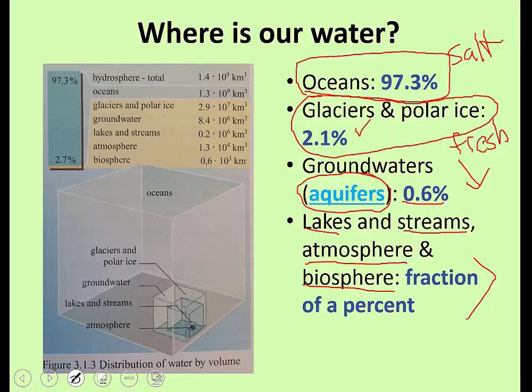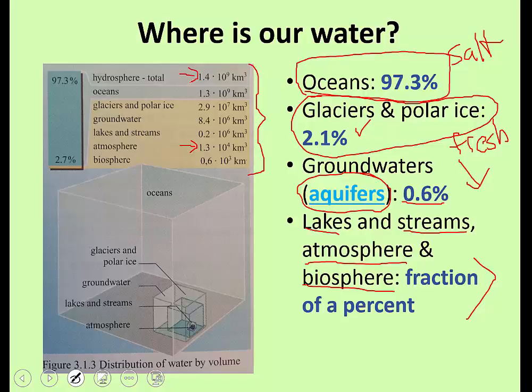If you prefer to think of it in terms of volume, you have the volumes given up here. So you can see how these rank. If you look at that moisture in the atmosphere, all of our clouds, 1.3 times 10 to the fourth cubic kilometers.